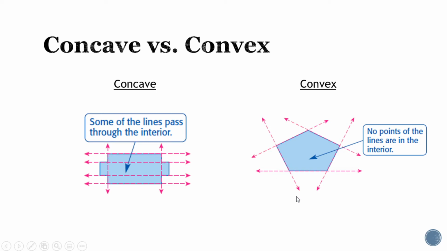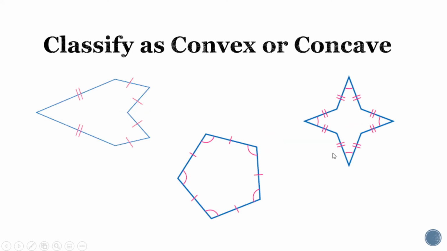Convex is going to be no points of the line. So if you take a line and you just draw it straight, like from endpoint to endpoint, and keep going, this one's going to go through, this one is not. So notice these ones all continue on the outside. They only pass through a line and continue on.